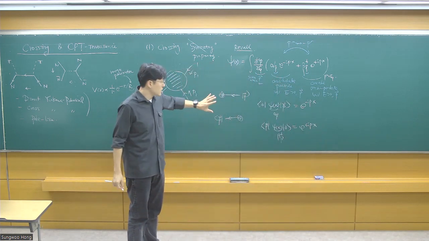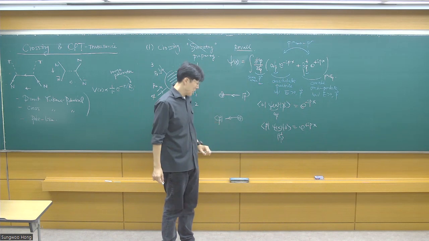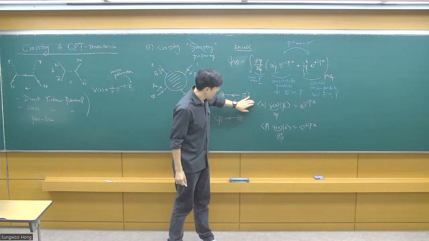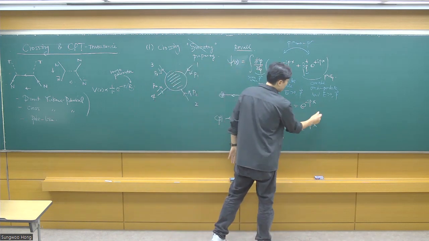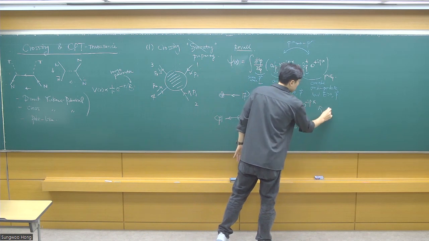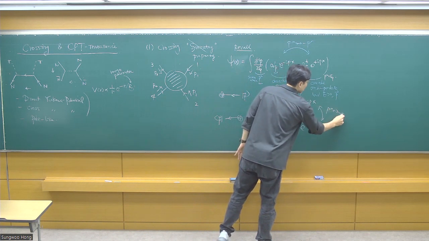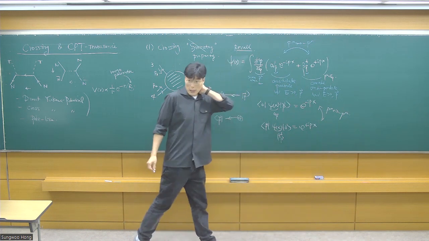So let's actually see the meaning of this. What I have done is that if you just look at this wave function, the difference between the two is p 4 momenta replaced by minus the 4 momenta p.